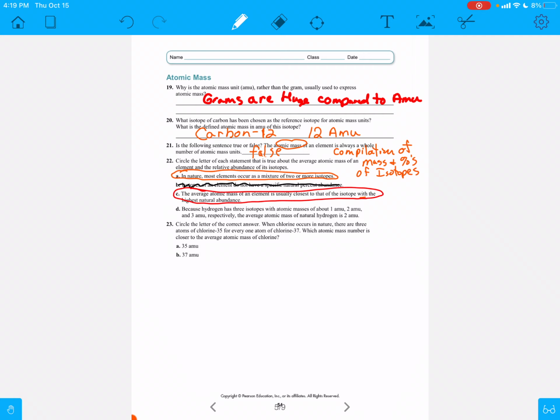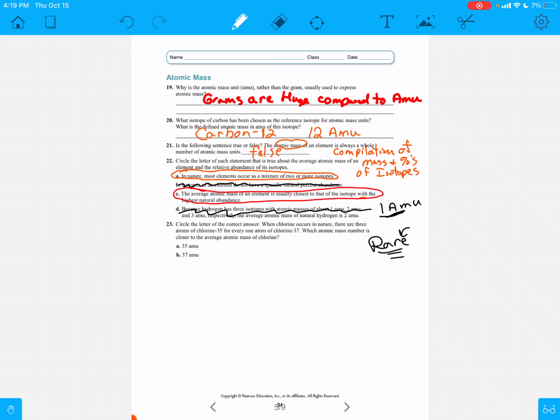Nope, that is not true. The average atomic mass of hydrogen is actually 1 AMU. How can that be if some are 2 and some are 3? Well, the 2s and 3s are very, very rare. The other one is so abundant that they hardly count towards the total AMU of hydrogen.